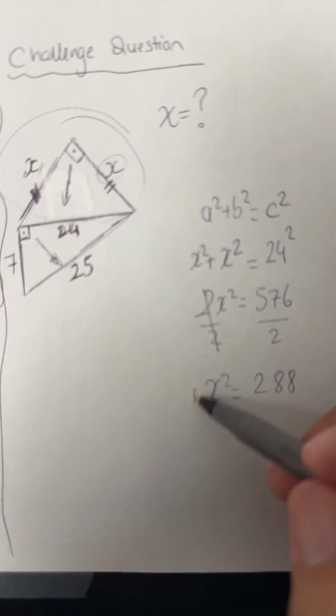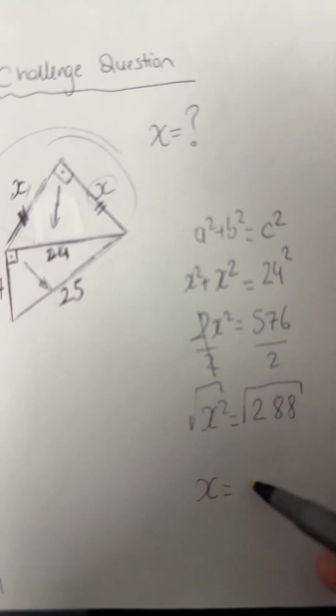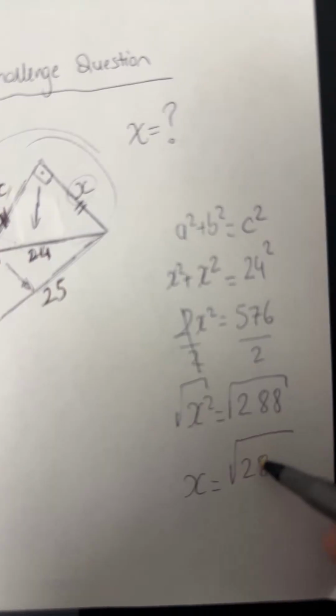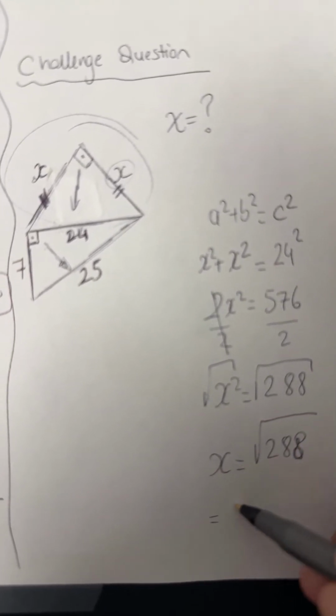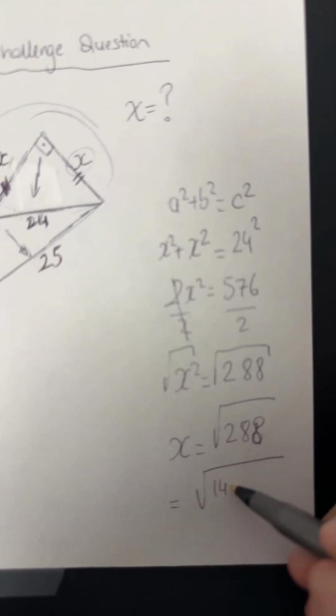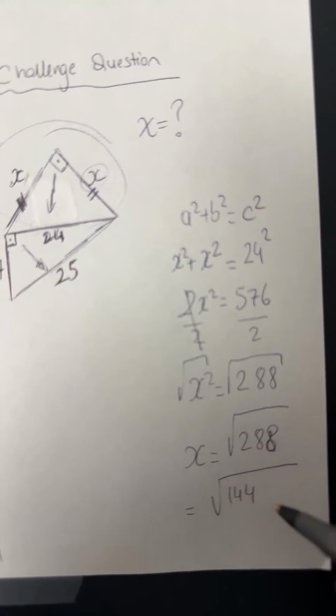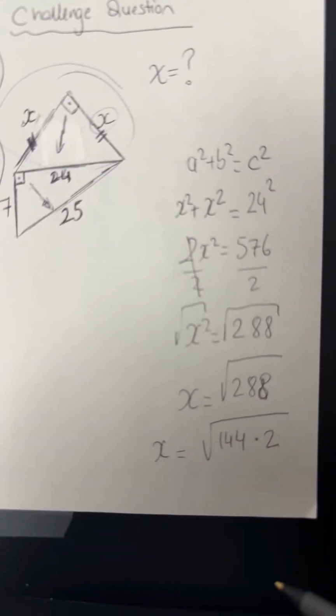And then I have to take the square root of both sides. So x equals the square root of 288. I know that if you divide 288 by 2, you're going to get 144. So that's the square root of 144 times 2.